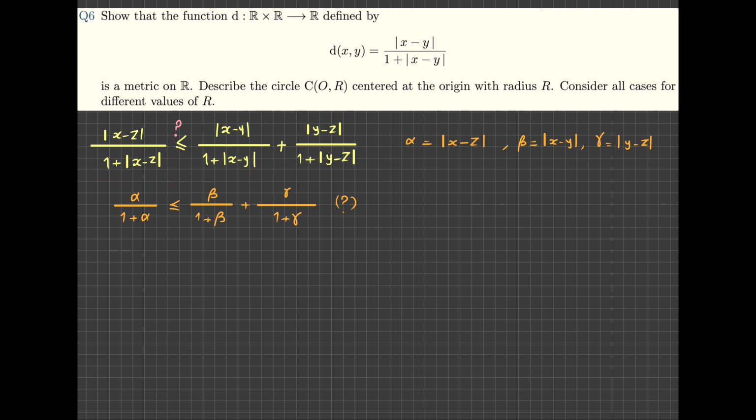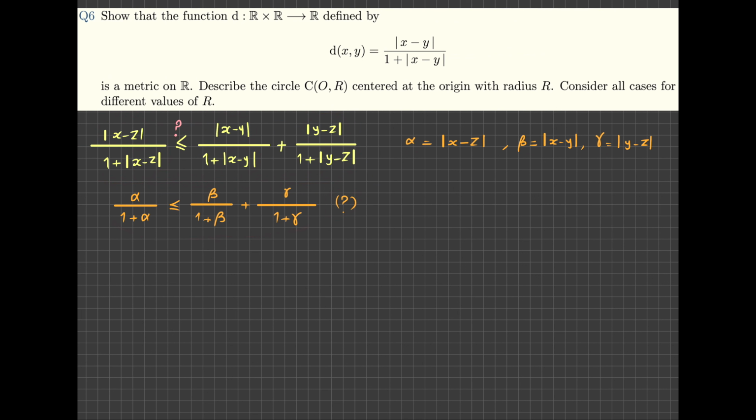Now I start simplifying this inequality. I just want you to know this inequality is nothing except the original inequality. I have introduced these symbols to write it simpler. So what I do, I want to try to simplify this inequality. One way is to get rid of the fractions.